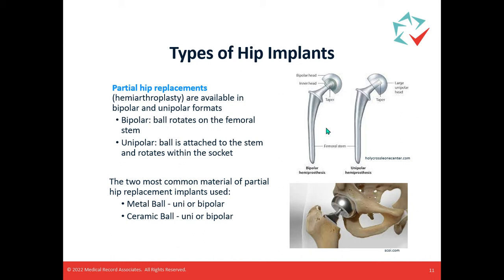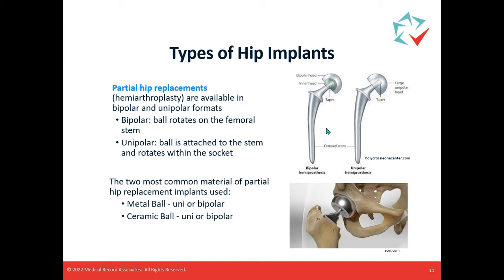In the United States, there are two types of partial hip replacement devices, and they could have different bearing surfaces. Each type comes in a variety of sizes to fit each individual case. Partial replacements are either bipolar or unipolar. In both cases, the head of the femur is removed and a stem with a ball is implanted into the femur.